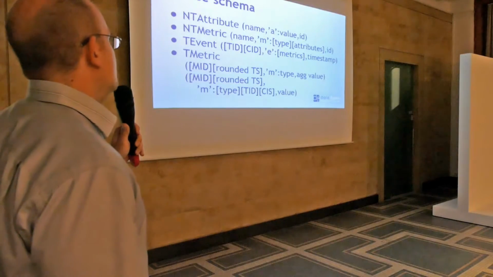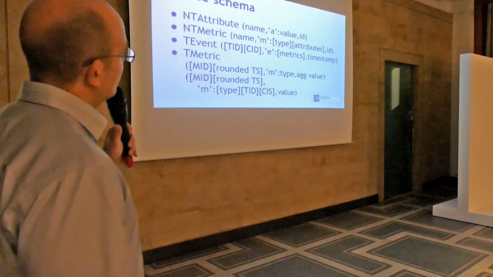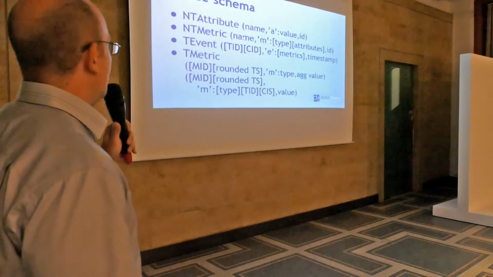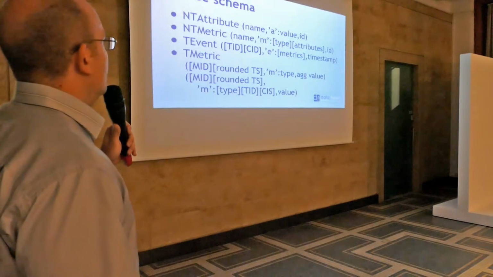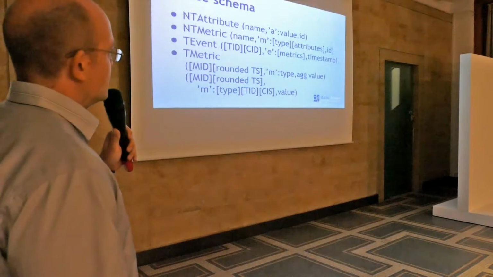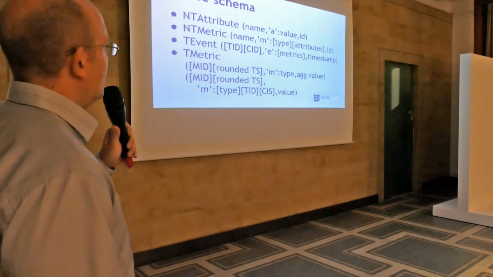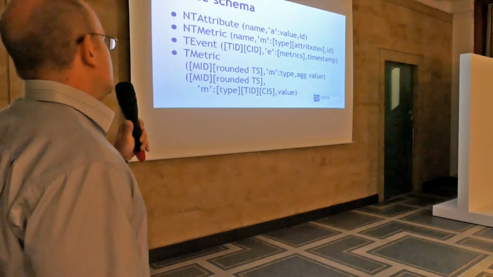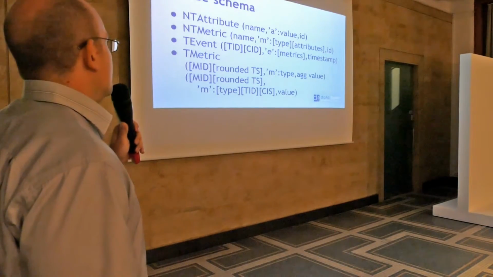For the metrics, we have something similar: the primary key is the name of the metric, the column family is just the type of the metric, in this case latency or count, the list of attributes, and of course the ID.